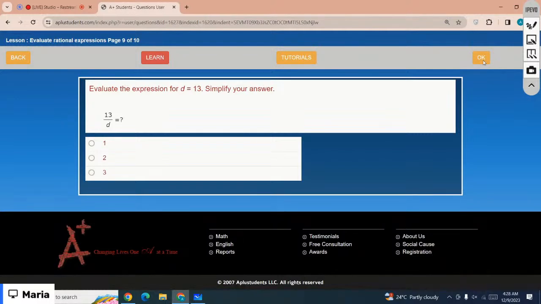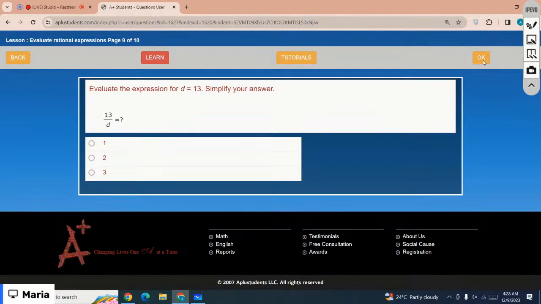Okay, evaluate the expression for d equals 13. Simplify your answer.